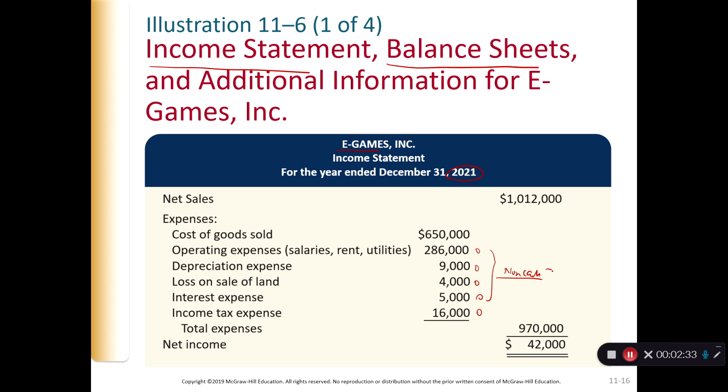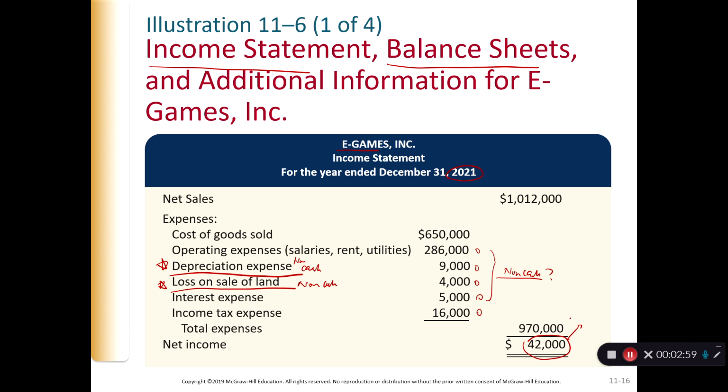And then I want to ask you which ones, right? So for example, I'll give you an example, depreciation expenses is not cash related, and loss on the sale of land is non-cash, right? So these two actually reduce the net sales, and hence the net income is only 42,000.